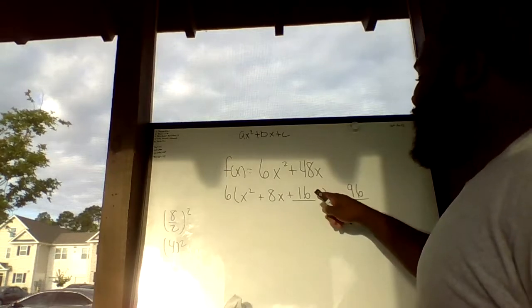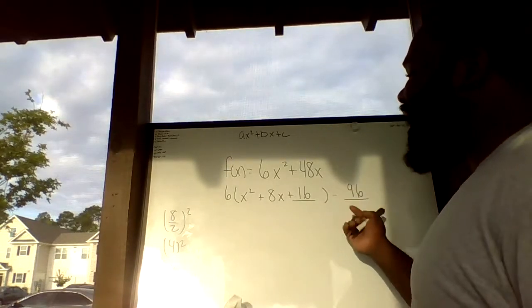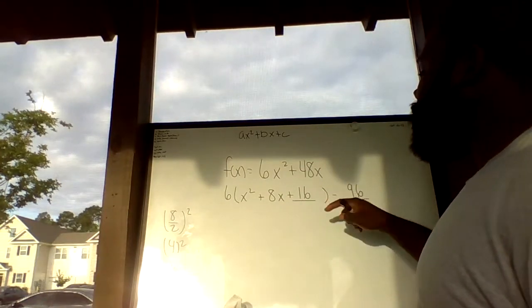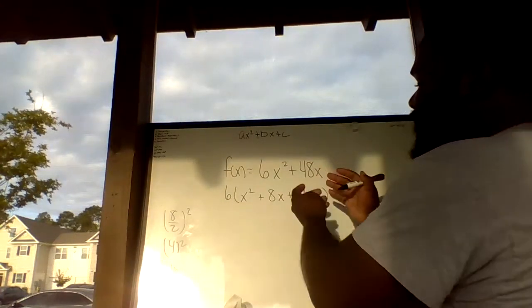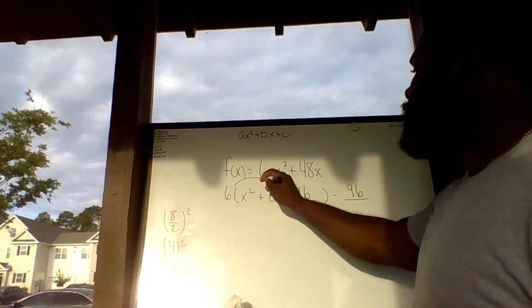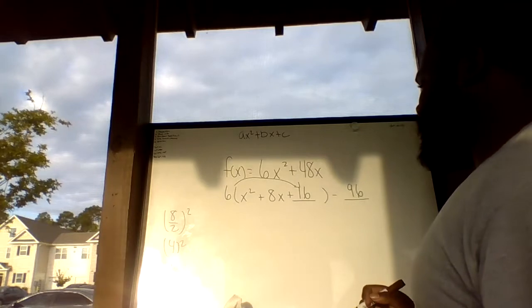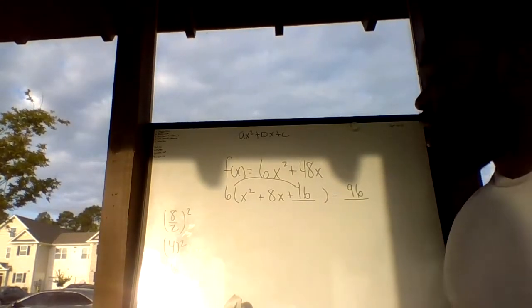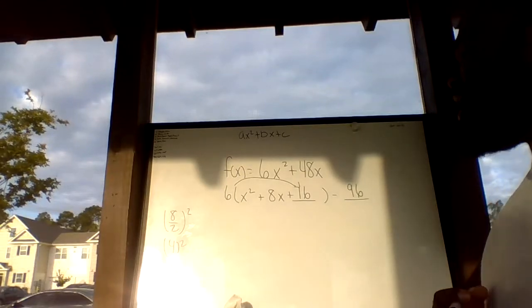Remember, in here, all of these values have been factored by 6. So essentially, I'm not putting 16 for the entire problem. I'm putting 6 times 16, which gives me 96. And whatever I add to part of the problem, I need to subtract that same value as well.